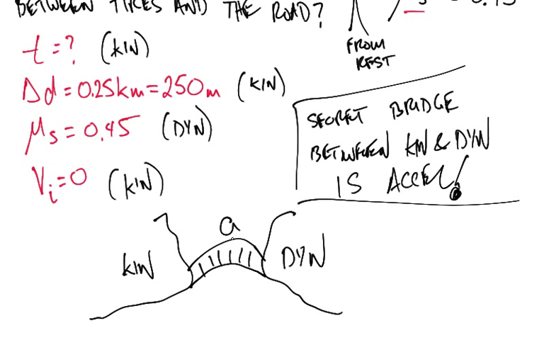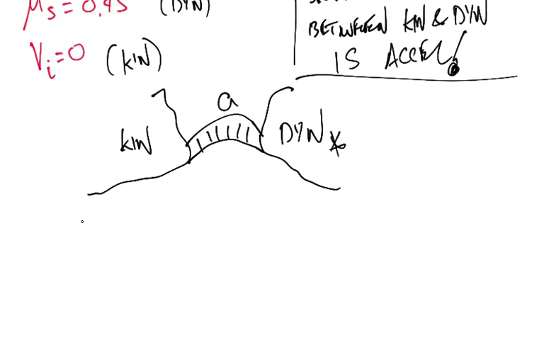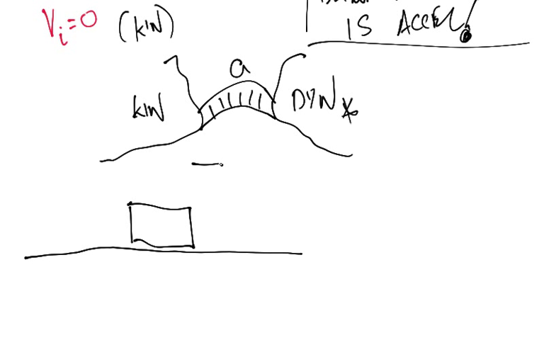So that means let's begin this problem on the dynamics side over here. And the way I'm going to do that is I'm going to draw a free body diagram. Here's the road, and of course we assume a level road. Here's the car, and the car is going to be accelerating in this direction, and we'll say therefore that's positive.